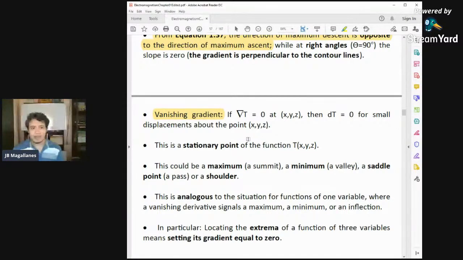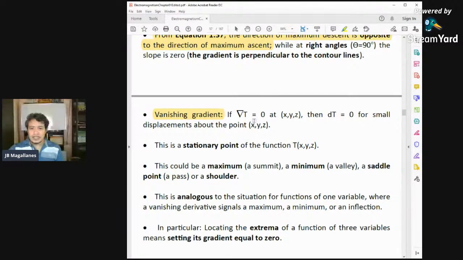So for example, the derivative of f with respect to x, you set that equal to 0, and you'll be able to find x or some x's, and then you substitute those x into the function, you will get the maximum or the minimum or the extremum.